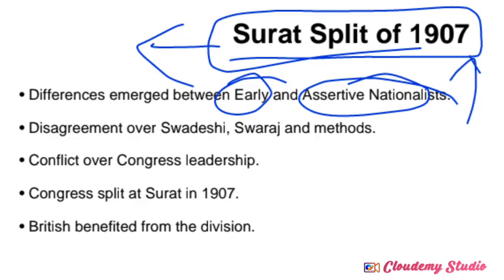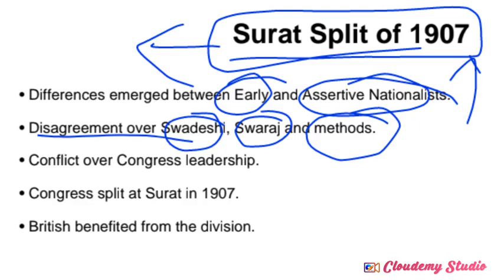Next, disagreement over Swadeshi, Swaraj and some of the methods adopted by both. The early nationalists didn't accept the concept of Swadeshi and Swaraj, and their methods were totally different. That's why differences were created between the early nationalists and the assertive nationalists.